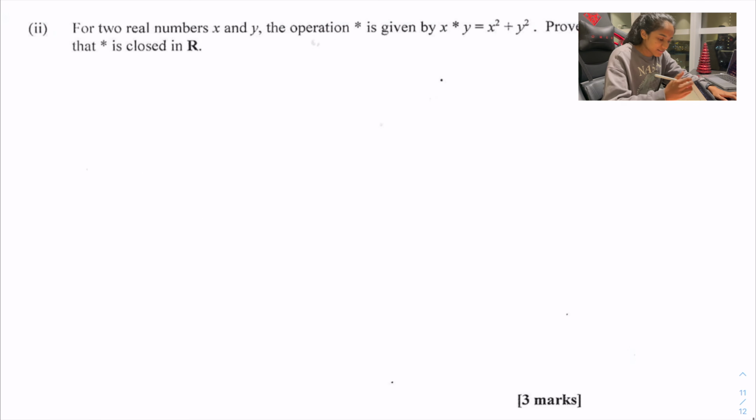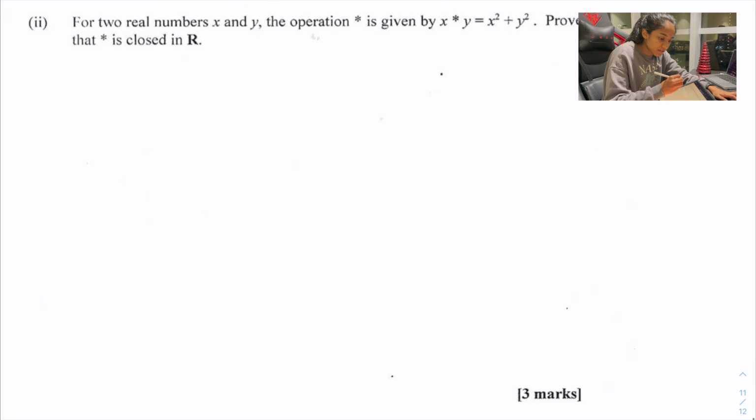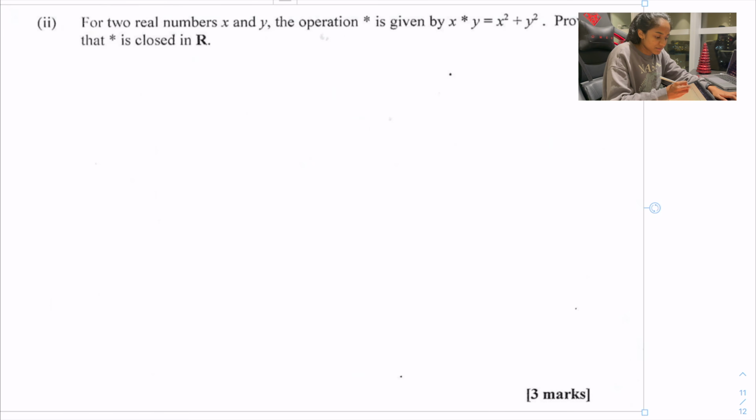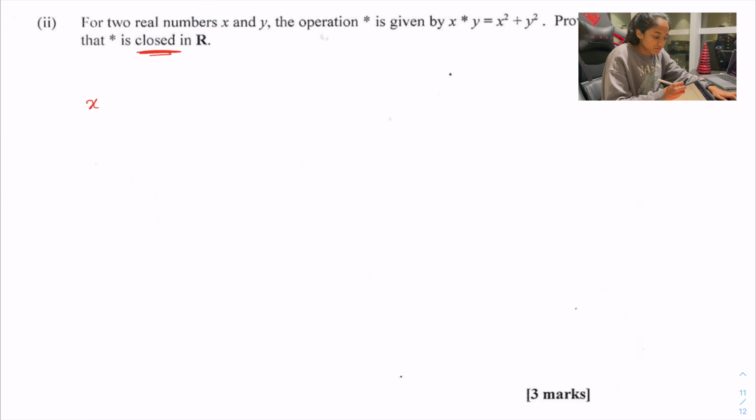2021. Yes. Okay. So we need to prove that the operation is closed. And remember, for it to be closed, these elements must be real as well. So it says that these both are real numbers. So x and y are elements of the real numbers.